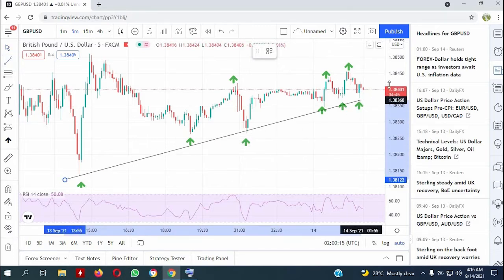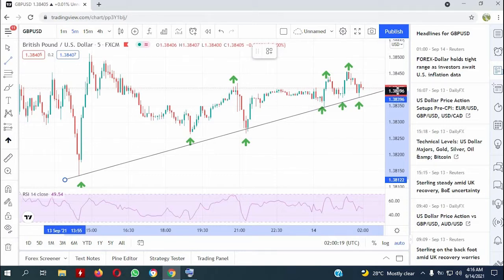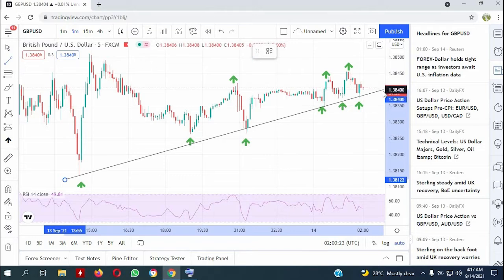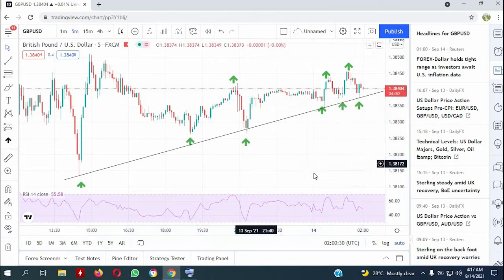Drawing my trend line, from the tip of the wick at the lowest lower high to the tip of the wick at the highest lower high. I find that when you draw the trend line on the tip of the wick, you get more information.